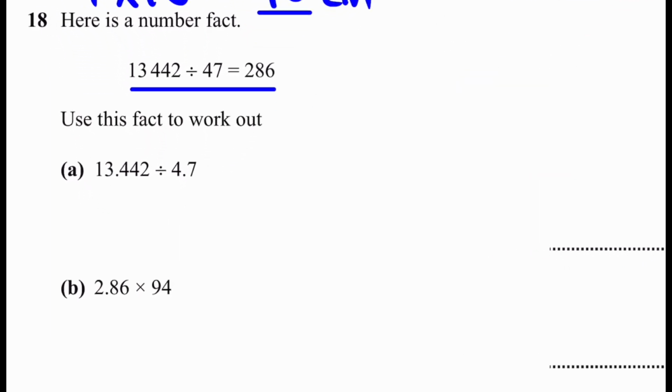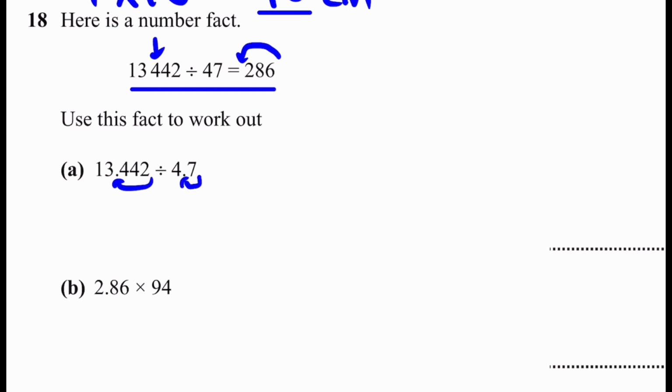13.442 divided by 4.7. If you look at the decimal place, it has moved 3 to the left of the original number. So the answer's decimal place will also be moved 3 to the left, 0.286. Now wait, this decimal place has also been moved 1 to the left.